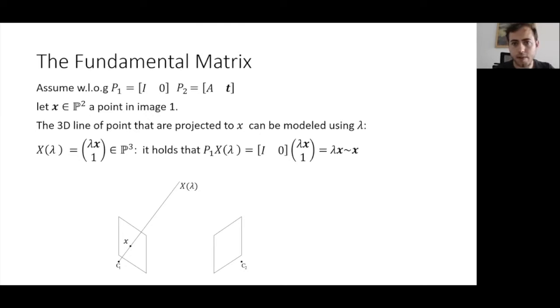Okay, because we have the simplified representation of I0, we can just express this line as lambda x, 1, which is a point in P3. And then if we project this point using P1, we get I times lambda x plus 0 times 1, so we get just lambda x, which is a projection to x with the depth of lambda. Okay, so lambda x is a 3D coordinate that is always projected to x.